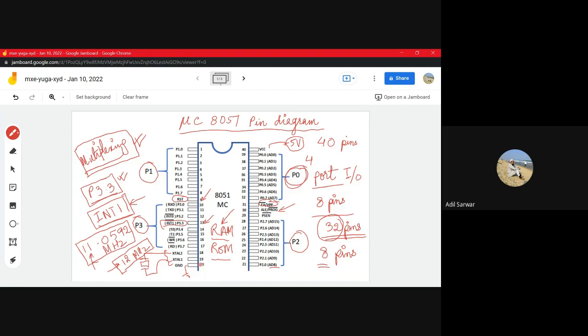Then let's talk about the various IO ports. First, the unmultiplexed one, which is the P1 port. You see, none of the pins of P1 are multiplexed.